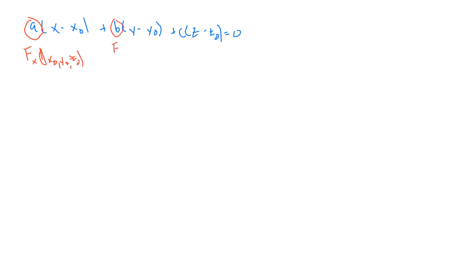Then B they replace with the partial derivative of F with respect to y at x sub 0, y sub 0, z sub 0. And C they replace with the partial derivative of big F with respect to z at x sub 0, y sub 0, z sub 0. So A, B, and C are replaced by these partial derivatives evaluated at the point, and this allows you to get the equation of a tangent plane to a level surface.